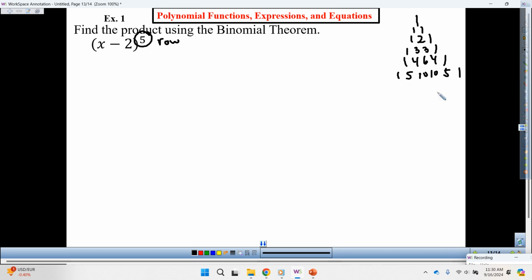Okay. So now that I have my 5th row, pay attention to this part. Don't write anything down. Wait for me. I'm going to write all this as coefficients. Watch. 1 plus 5, 10, 10. It's 5.